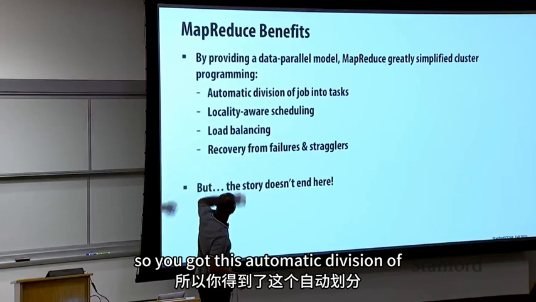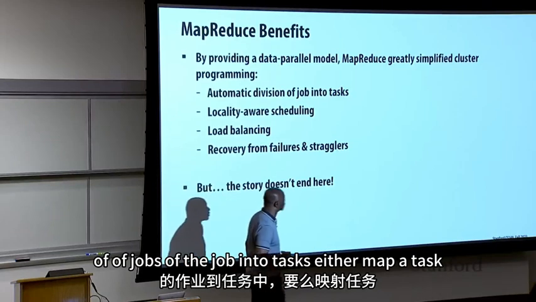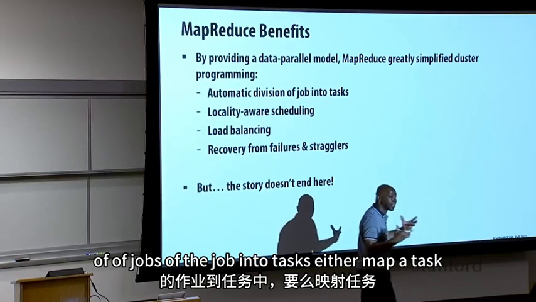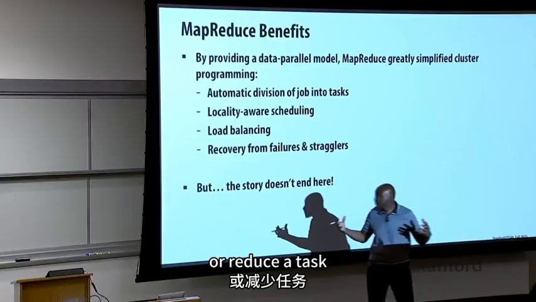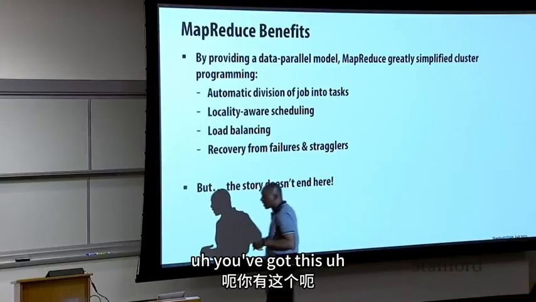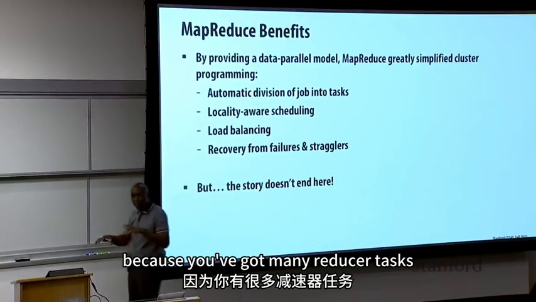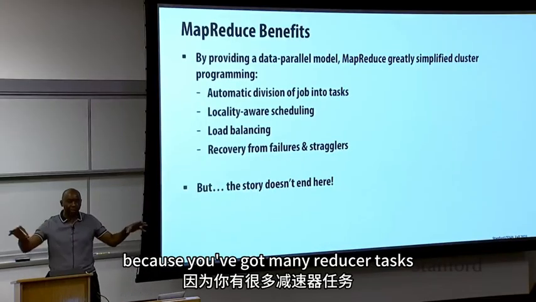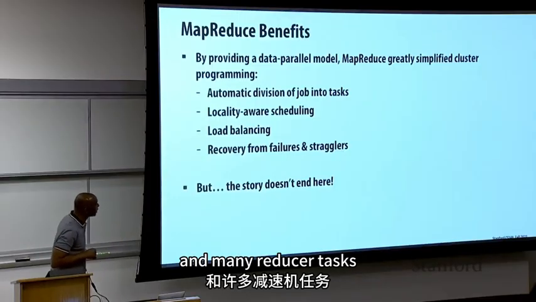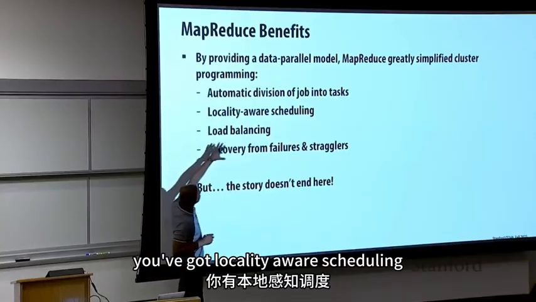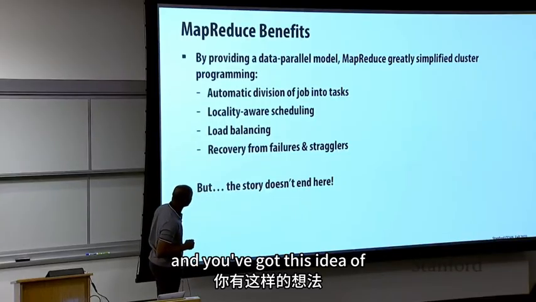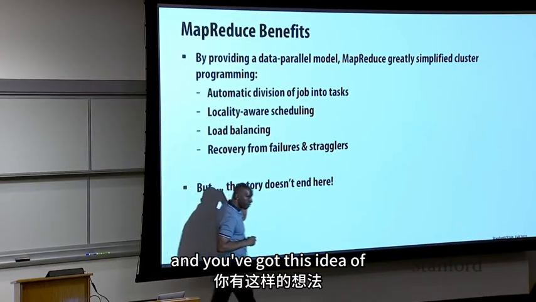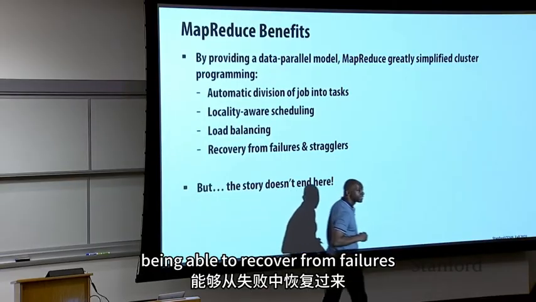So you've got this automatic division of the job into tasks, either mapper tasks or reducer tasks. You've got load balancing because you have many mapper tasks and many reducer tasks. You've got locality-aware scheduling, and you can recover from failures and stragglers.